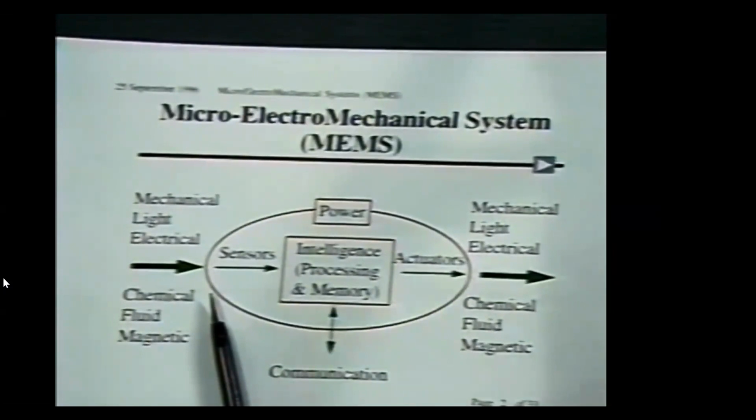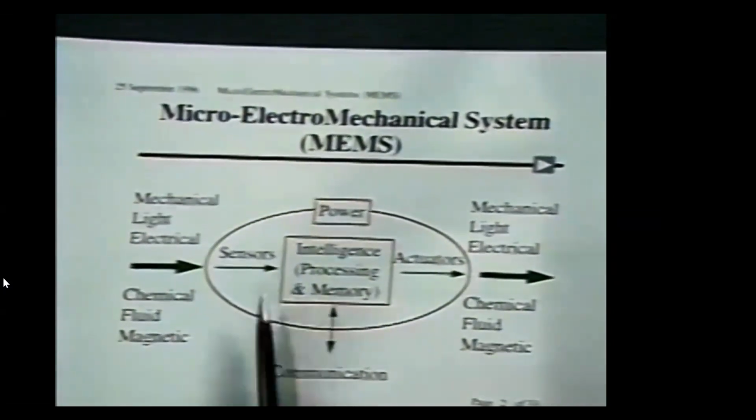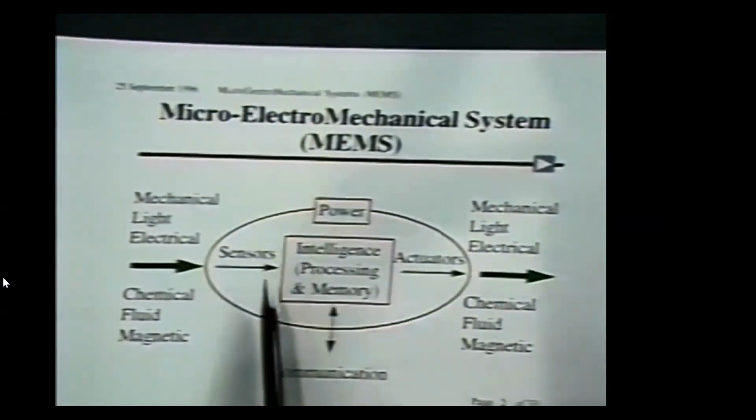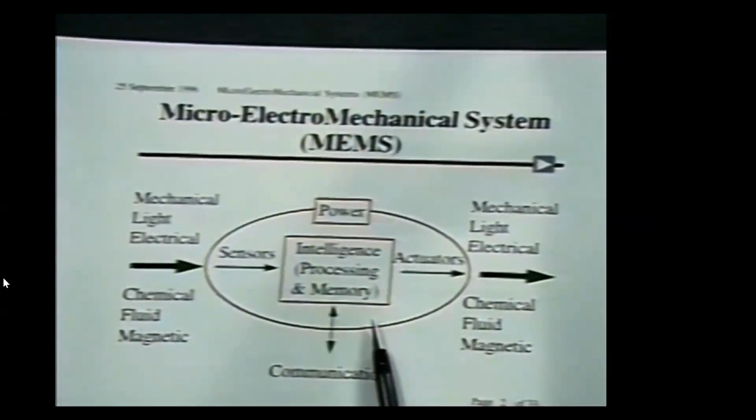That is, they transduce signals from the real world, like mechanical, photonic, electronic, chemical, or fluidic signals or phenomena in the real world through a sensor of some sort into a core, which is really the intelligence of the MEMS system, a place where some signal processing or some control functions might be done on the signal.